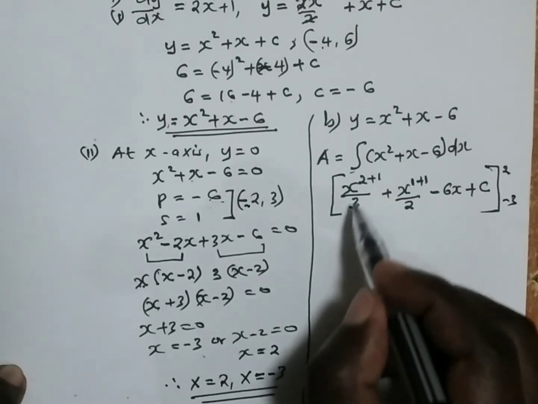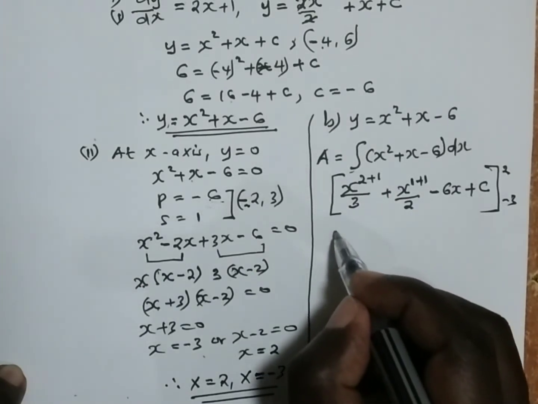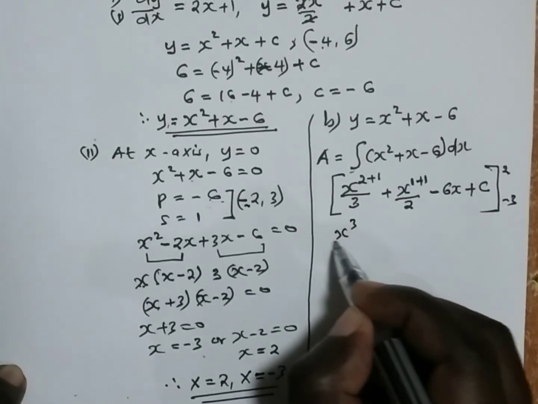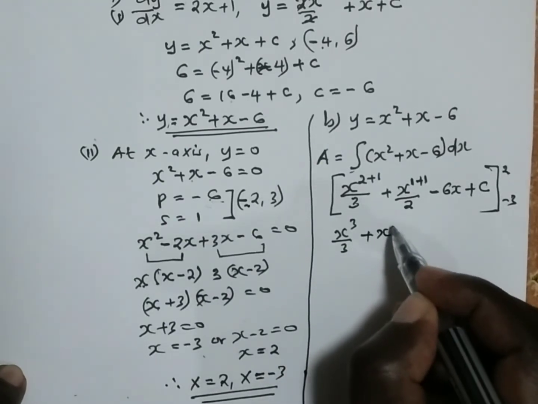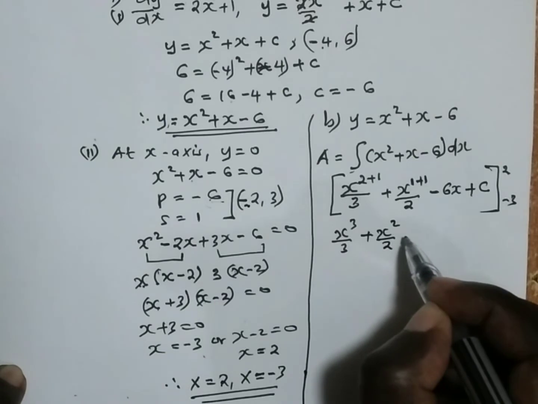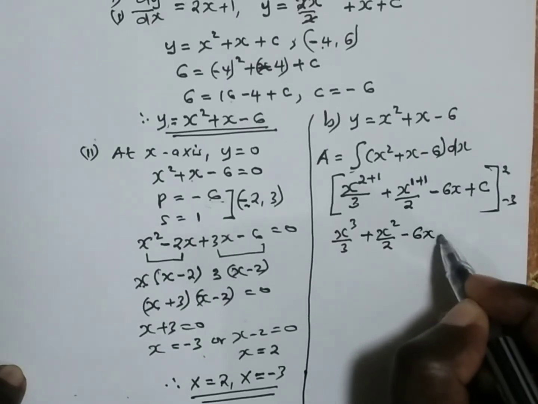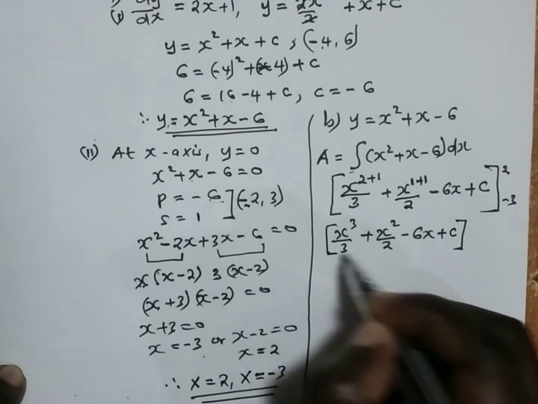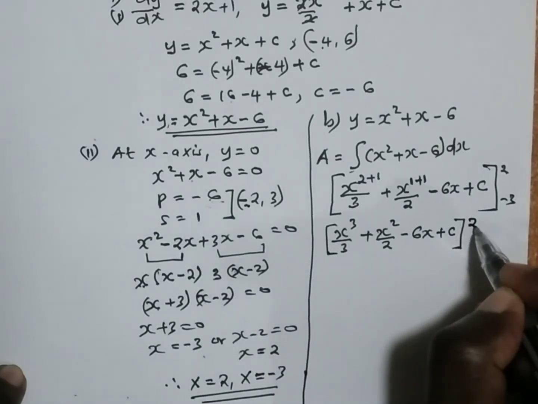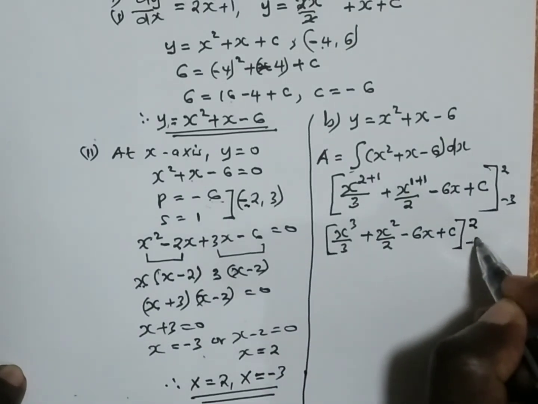We can simplify this. We are going to have x cubed divided by 3 plus x squared divided by 2 minus 6x plus c, and the limits we have it between positive 2 and negative 3.